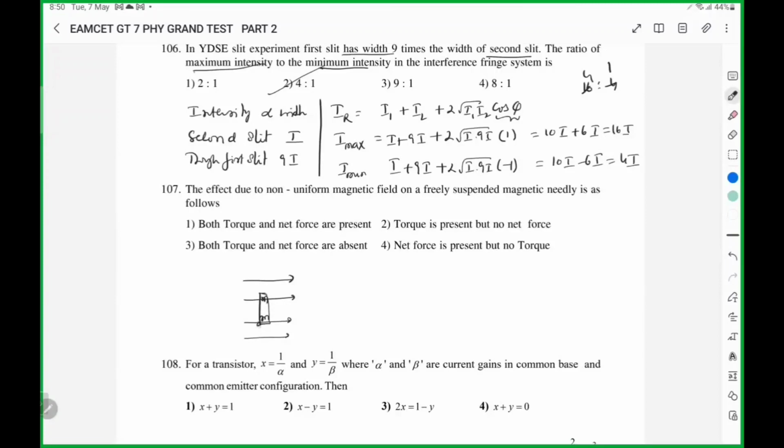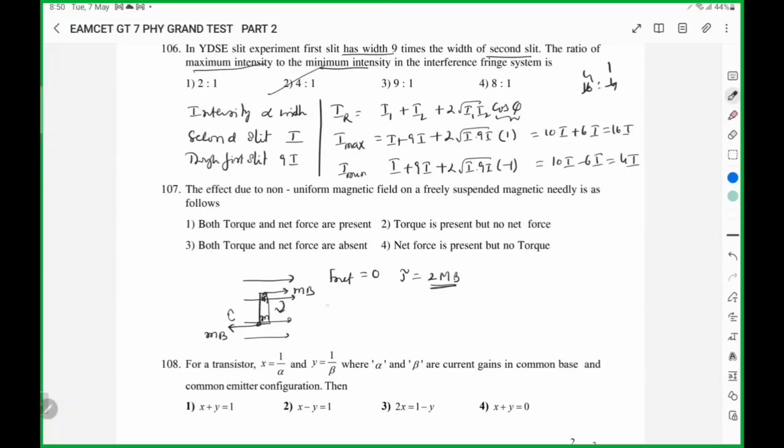The force acting on this will be in this direction, and the force acting on this will be in this direction. F net becomes 0. But for torque, because this is clockwise and this is also clockwise, we get 2 MB.